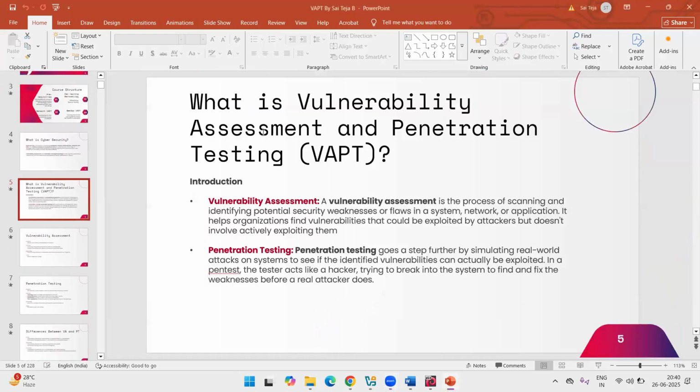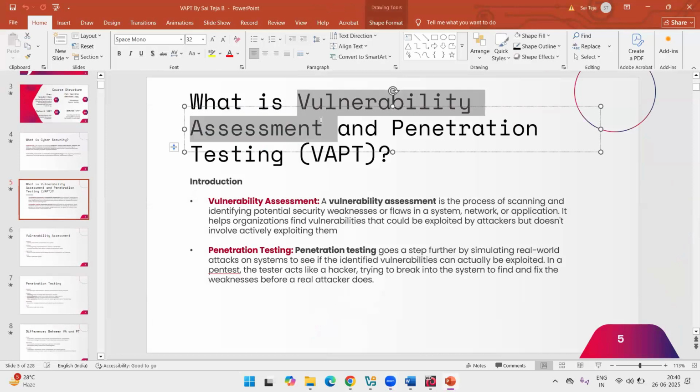So VA stands for vulnerability assessment. What is meant by vulnerability is weaknesses or loopholes, I can say, right?